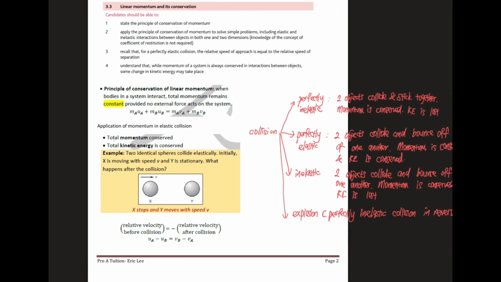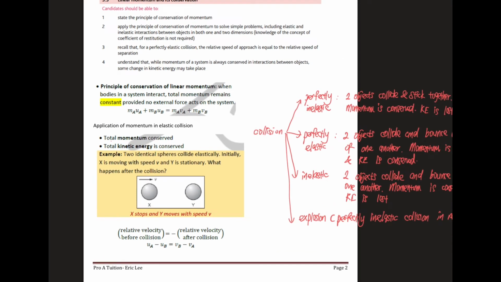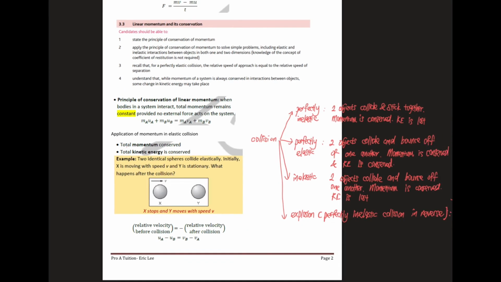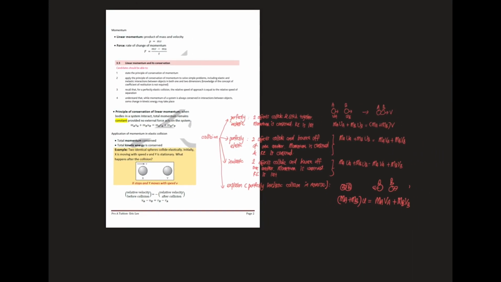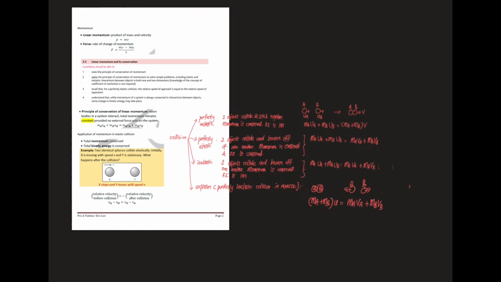Okay, now let's move on with the notes. When you see the notes, they say total momentum conserved, total kinetic energy is conserved. So it is actually referred to this type, perfectly elastic. Momentum is conserved, kinetic energy is conserved also. So how to take this idea?